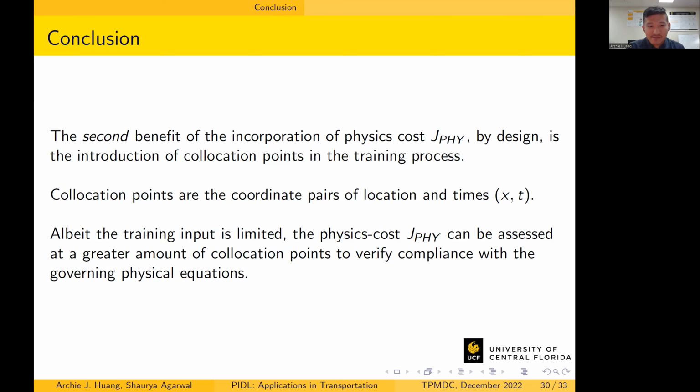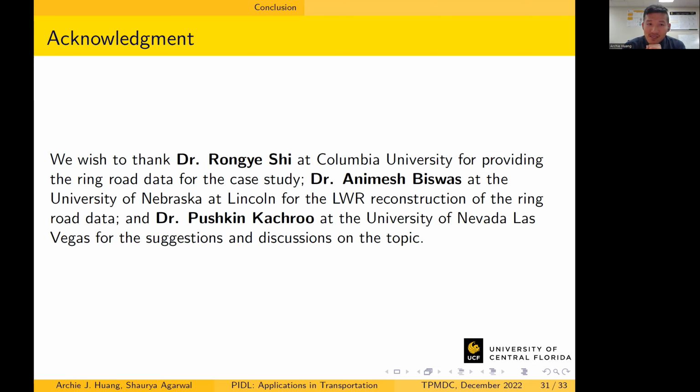We want to extend our gratitude to Dr. Rongye Shi at Columbia University for providing the ring road data, and Dr. Animesh Biswas at the University of Nebraska at Lincoln for the LWR reconstruction of this ring road data.